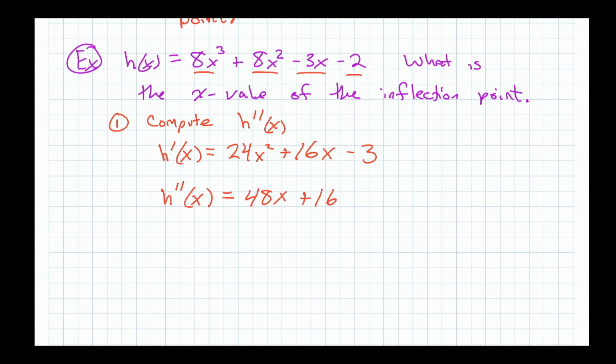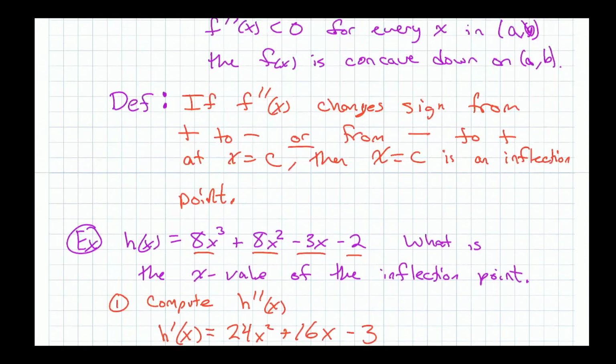Now, how are we going to find an inflection point? If you think about this, look up here at this definition. If f double prime changes sign from plus to minus or from minus to plus, it's an inflection point. Well, isn't that exactly the same as the first derivative test? The only difference is when you're doing the first derivative test, you're using the first derivative, obviously. And for an inflection point, you're using a second derivative.